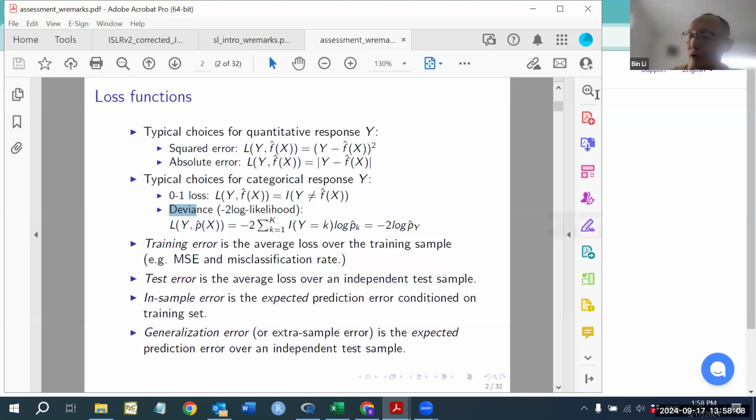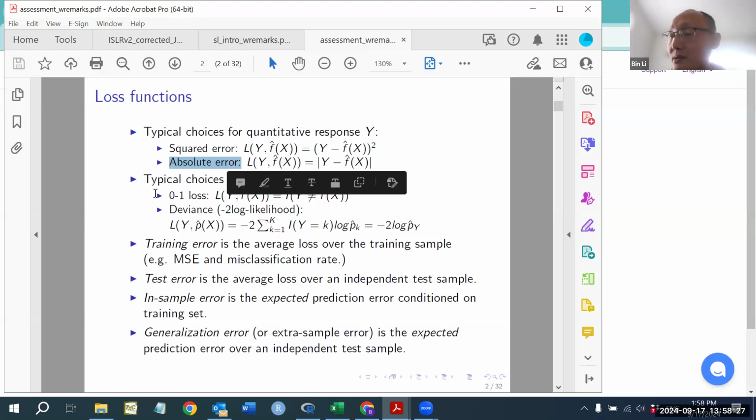For regression, compared with squared error loss, absolute error loss is better when we have extreme outliers in the samples.